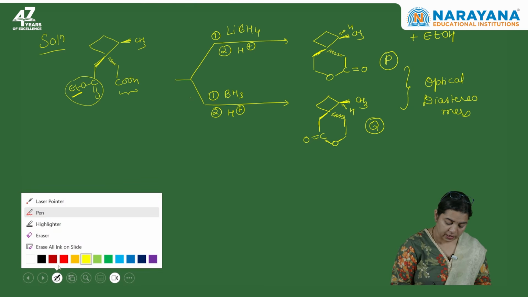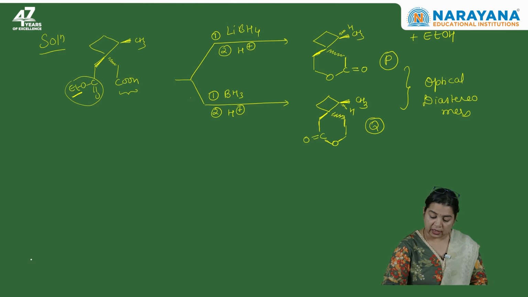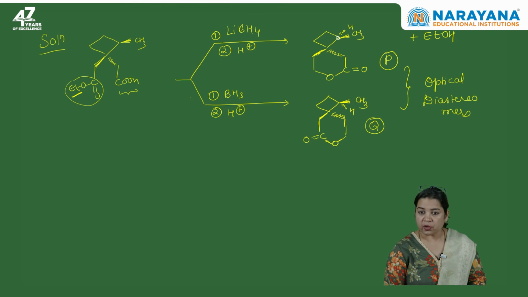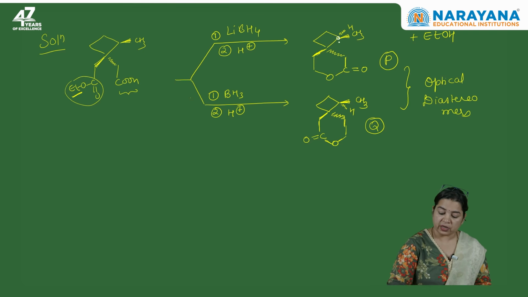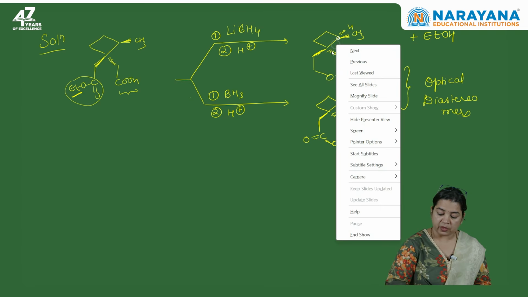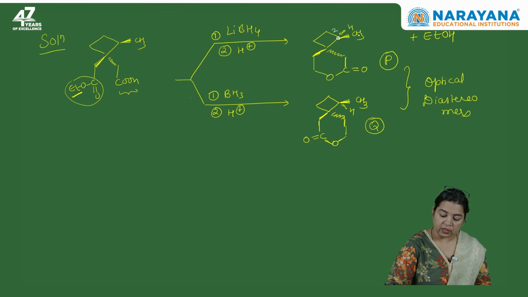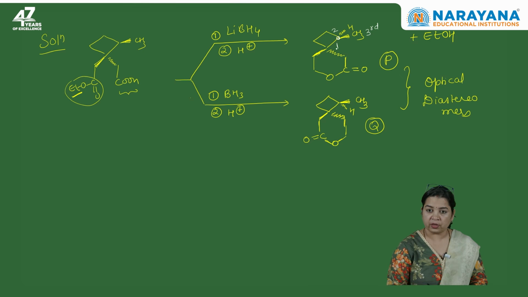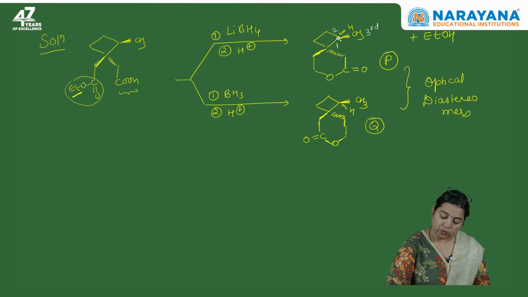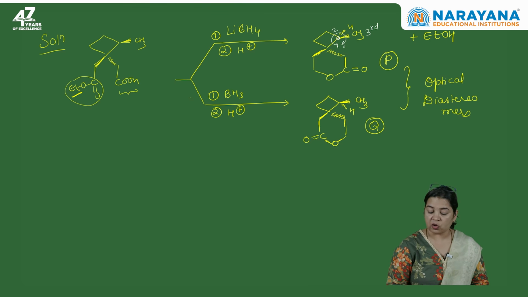Considering CIP priority, for this carbon, the most preferred is this lower arm, second preference will be this upper arm, third is this methyl group, and the lowest priority is already on dash. So I can see this is an R configuration chiral center.